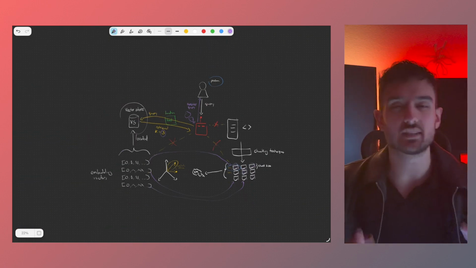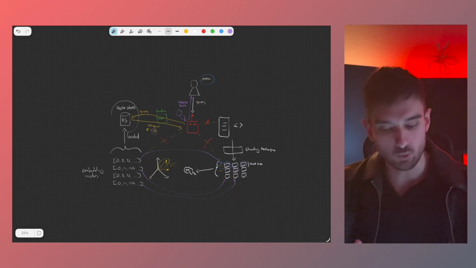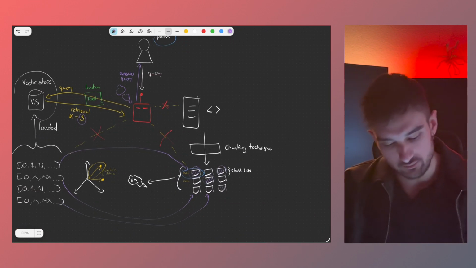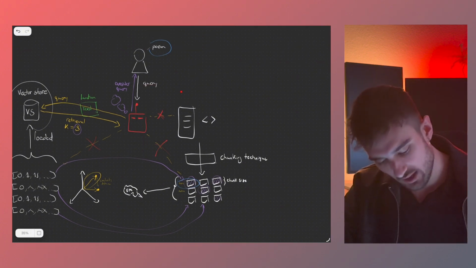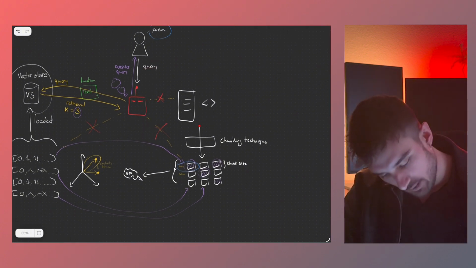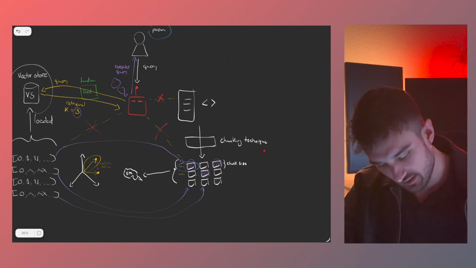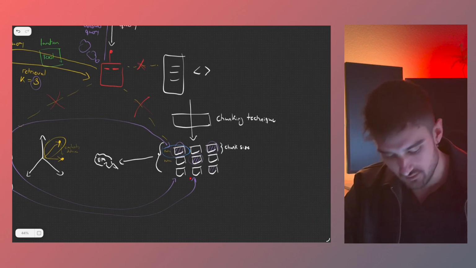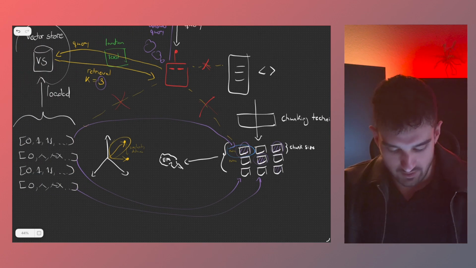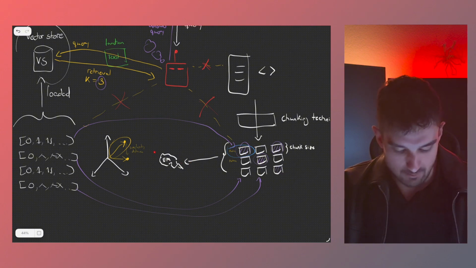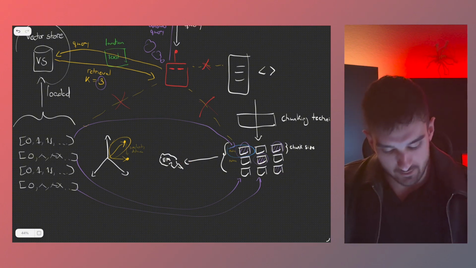So this is basically how a RAG agent works. It's not magic. We first need to have our documents and pass them through this chunking technique. We are going to get all the chunks with our chunk size. Then we pass them through an embedding model, which could be OpenAI or Anthropic.